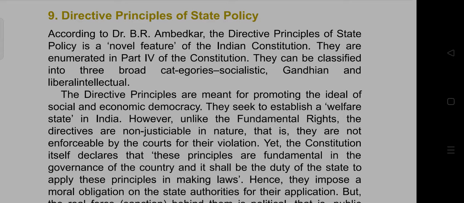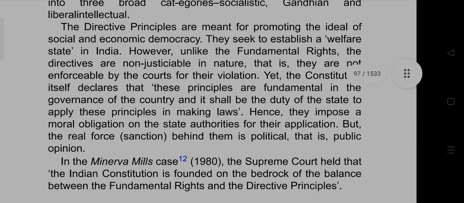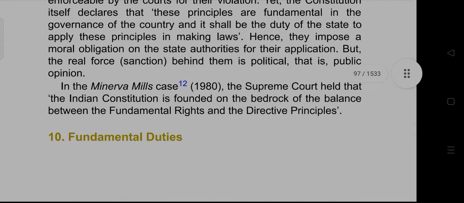Hence, they impose a moral obligation on the state authorities for their application. But the real force, that is the sanction behind them, is political, that is, public opinion. In the Minerva Mills case 1980, the Supreme Court held that the Indian Constitution is founded on the bedrock of the balance between fundamental rights and directive principles.